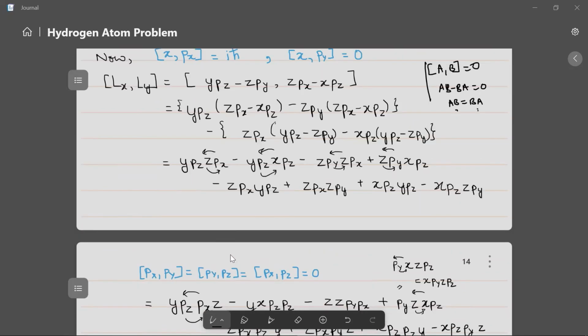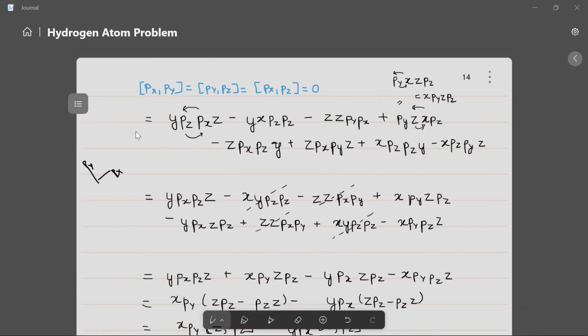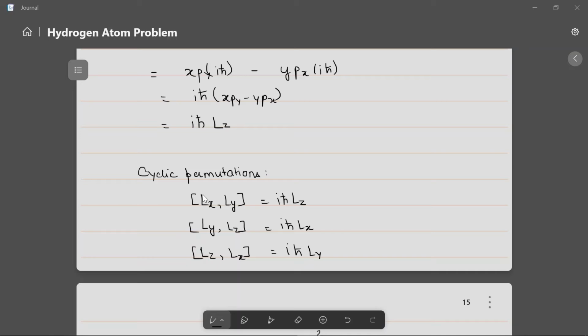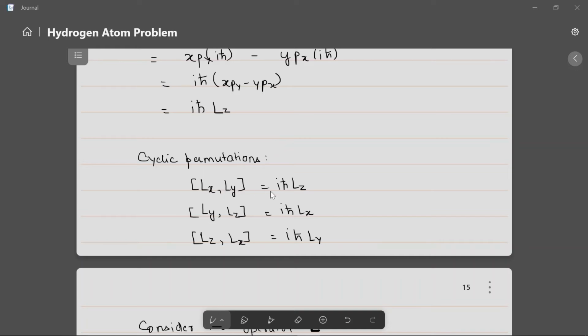So what did we start with? We started with the commutation of Lx Ly and we got i h cut Lz. If you just do the cyclic permutations, you can go through the algebra again for practice. So the Lx Ly commutation comes out to be i h cut Lz, Ly Lz comes out to be i h cut Lx. So you're cyclically permuting Lx Ly Lz, these two, and then these two, like that.